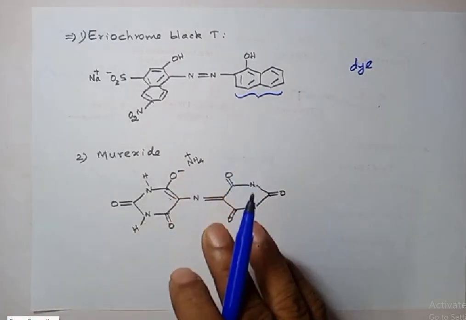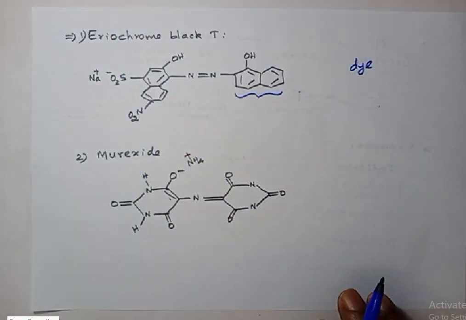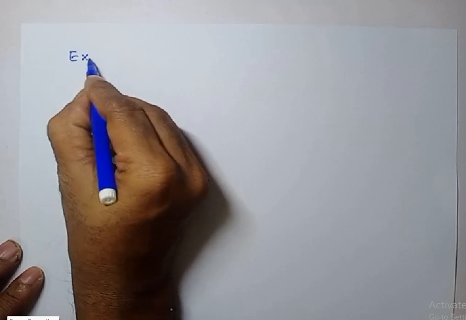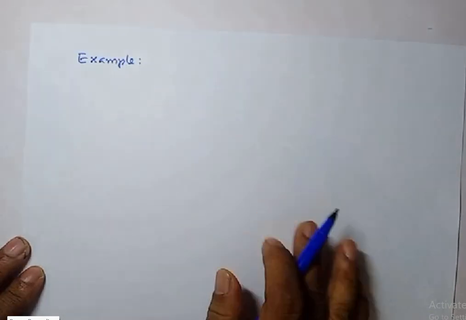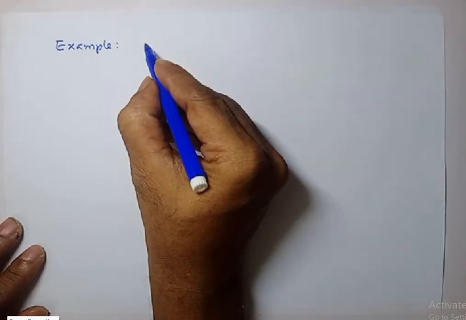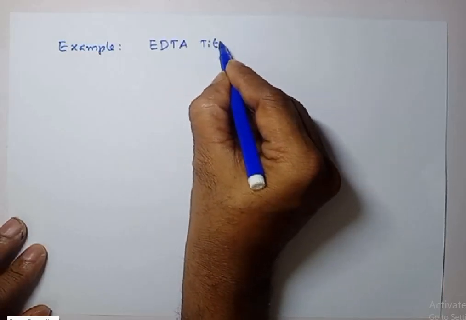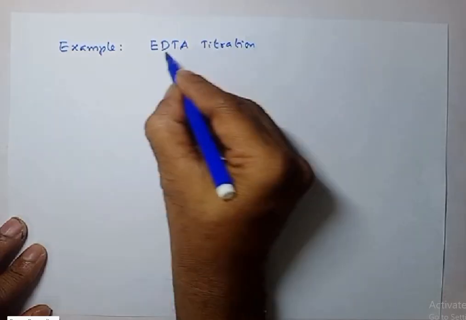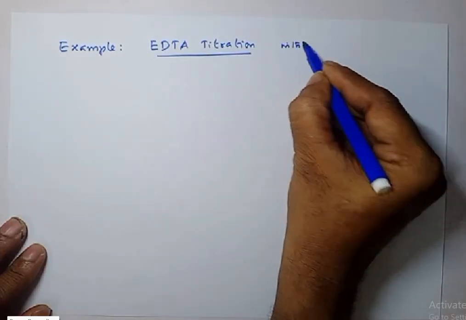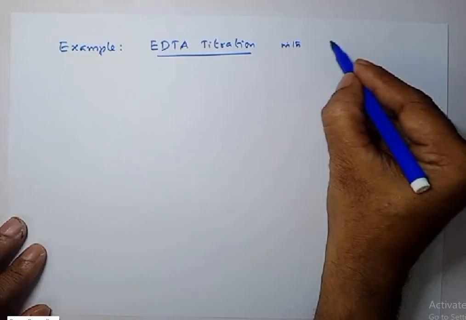So these are examples of metallochromic indicators, right? There are plenty of examples available for complexometric titration, but as you are beginners, to understand complexometric titration I am going to take one particular example, called EDTA titration, with some metal ion, say magnesium or zinc.